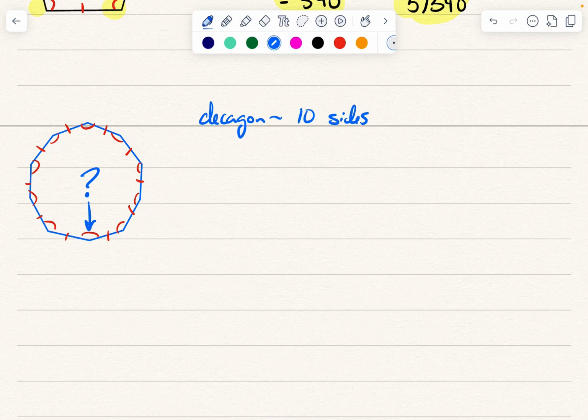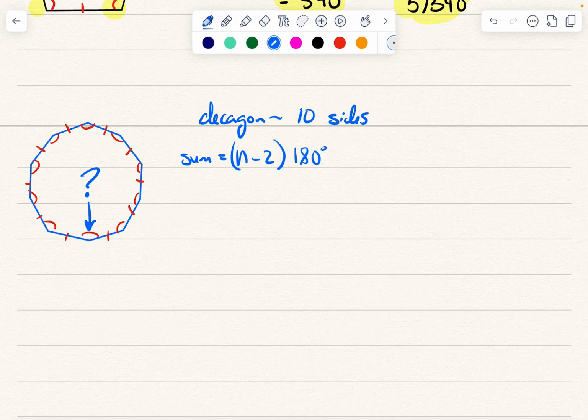If all the angles are the same size, remember we can use that formula: the sum is always equal to n minus 2 times 180. Figure out how big each one of those angles has to be. We're going to pause the video for about 30 seconds to try it, and then we'll talk about the answers.